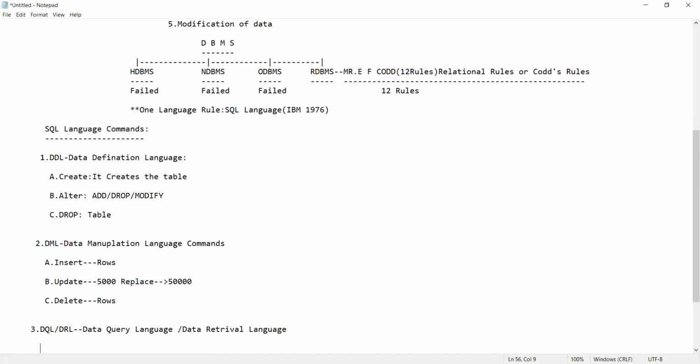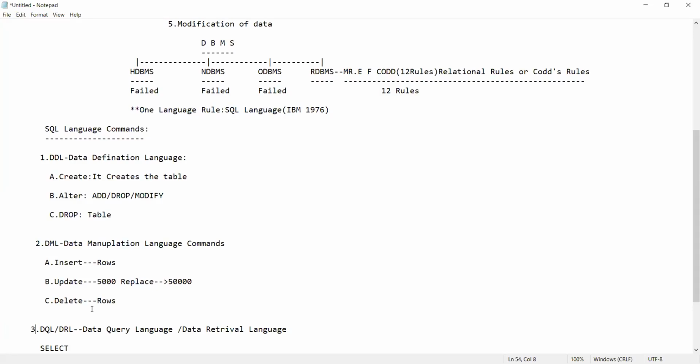It has only one command, called Select. Select means choose it and display. You cannot make any modifications by using the Select command. Make sure. So these are the three basic and very important commands required by us.